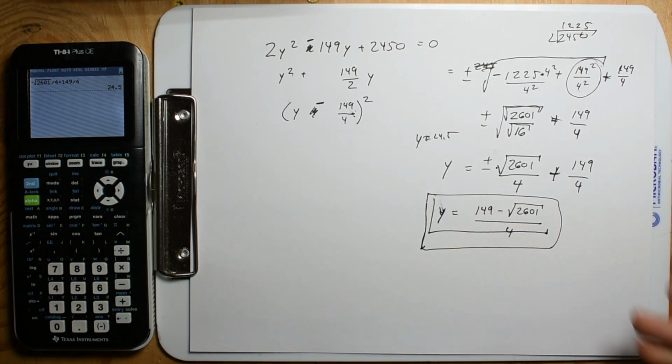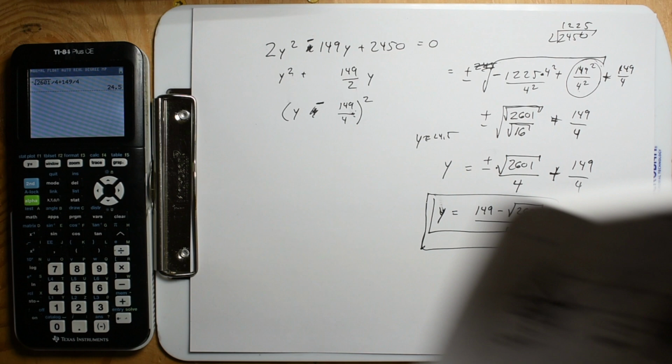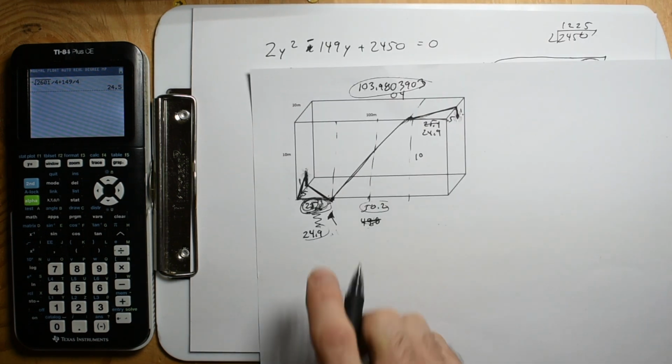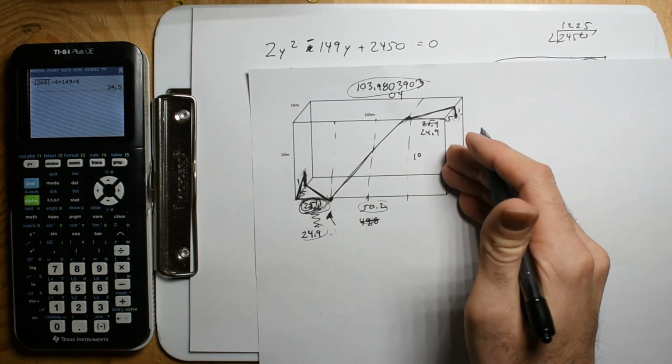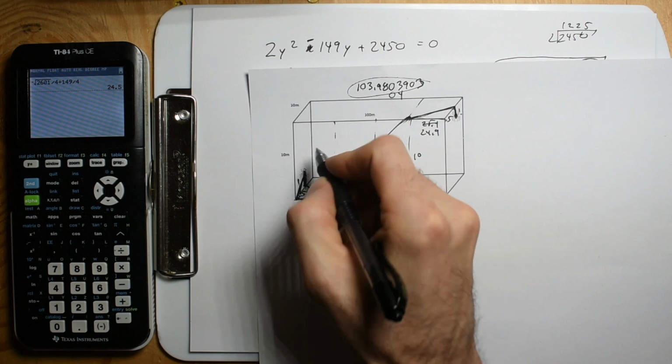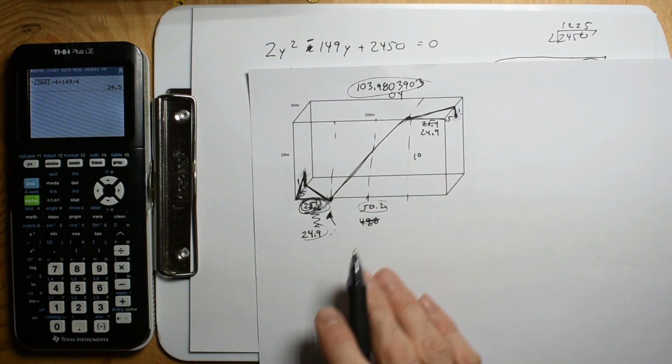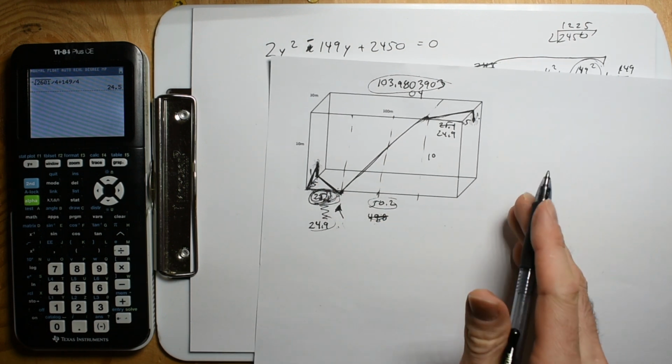Now in another video, probably not anytime soon, I'm going to do this whole problem in terms of a rectangular box of any dimension. There's a few things going on here.